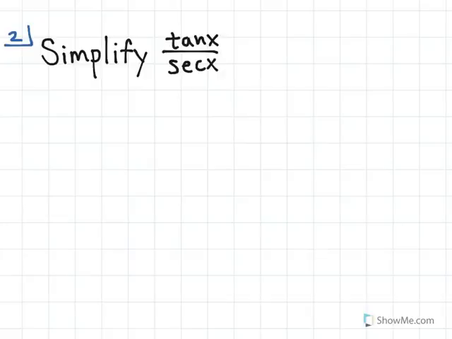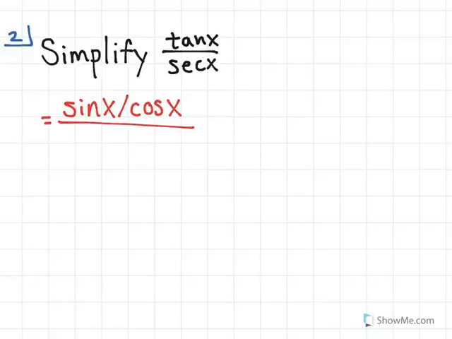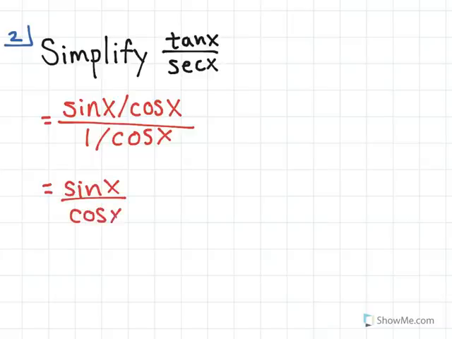In this problem, we're asked to simplify tangent of x divided by secant of x, and we can do that using some of our identities. The first thing we're going to do is rewrite this. Tangent of x is equal to sine x over cosine x, and secant of x is equal to 1 over cosine of x. So this can be written as sine x over cosine x times cosine x over 1.